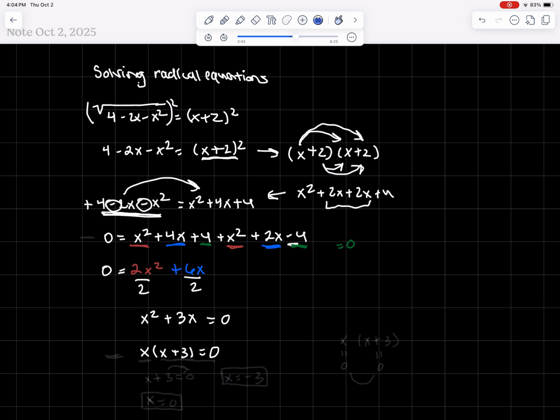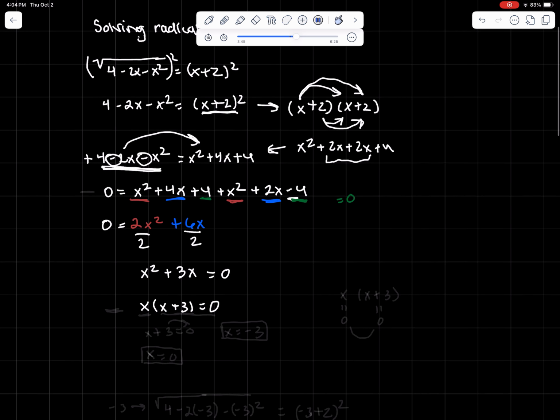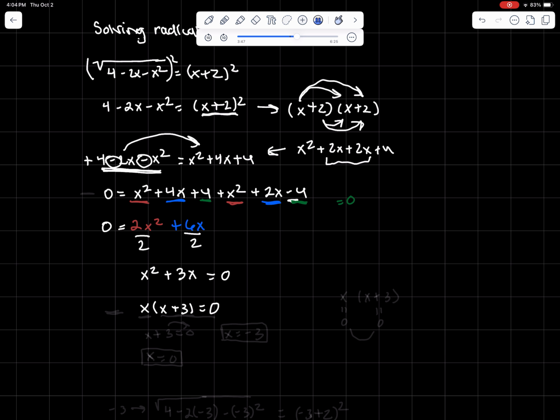And now we can get our two solutions, which means that we're going to set this equal to 0. And the other one will be x plus 3 equals 0. So we set this equal to 0, and then we also have to set this equal to 0. So x equals 0.